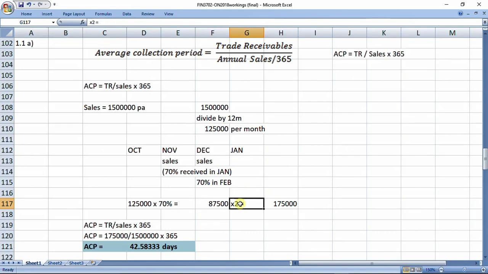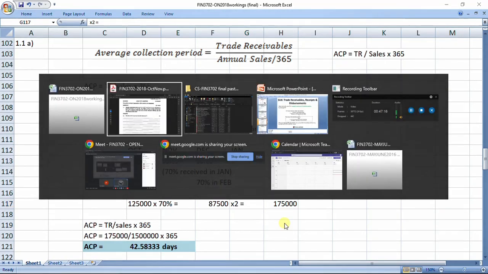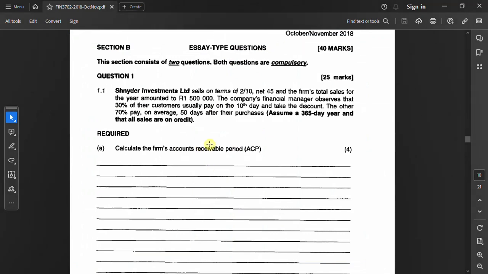If I'm just looking at the months, I'm just showing this so you can see it. If I sell something in October, that means I'm going to collect in November, and I'm going to collect in December. So if I'm looking at the current situation, I've got 70% received in Jan, so that times 70% gives me this figure.